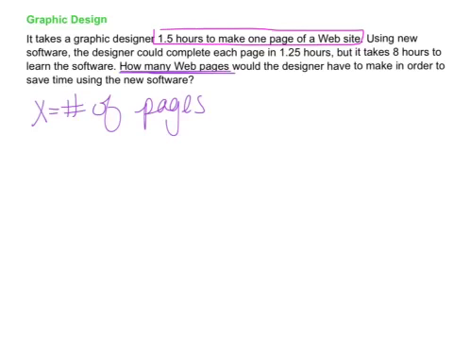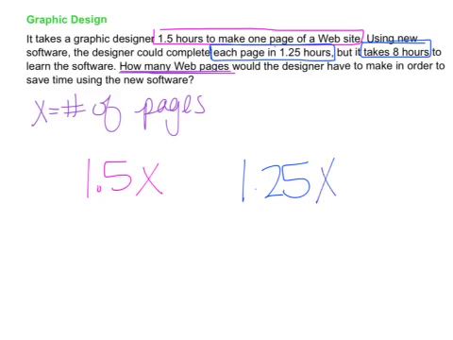So it takes 1.5 hours per page he makes to use what he currently has. If he uses new software, it only takes 1.25 hours per page, but it also takes 8 hours of training initially. So it's 1.25 hours per page, but he also has to factor in that 8 hours of training.